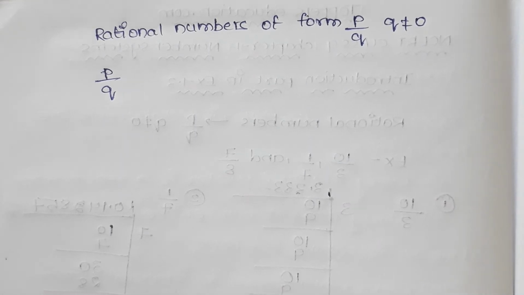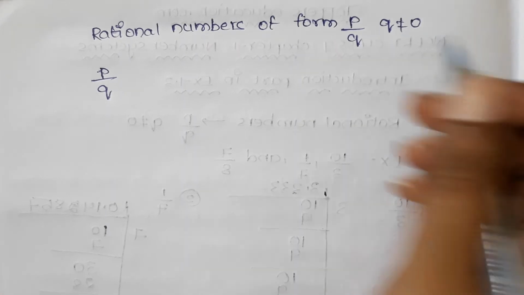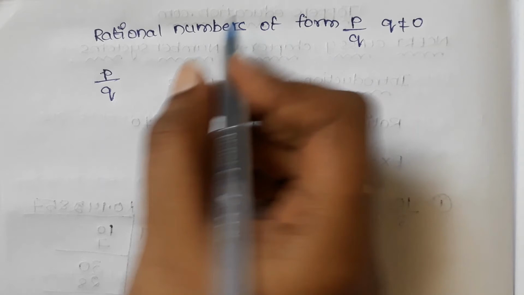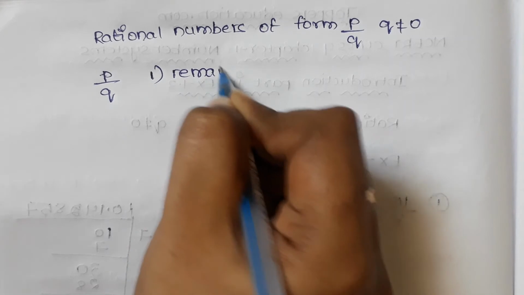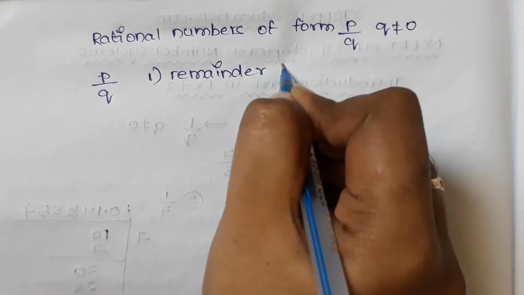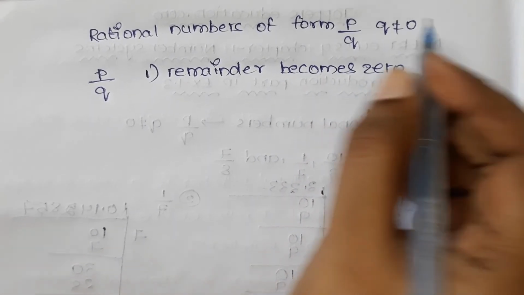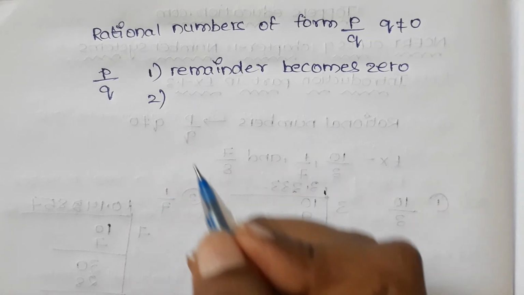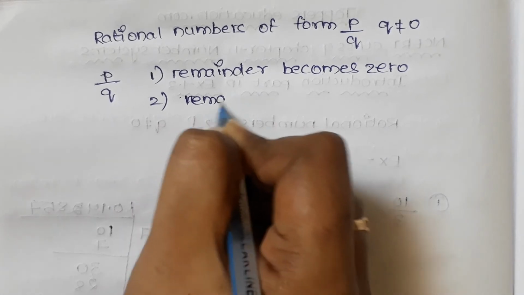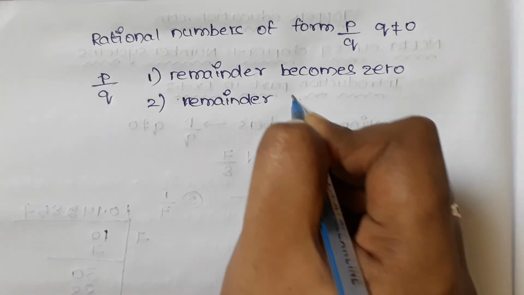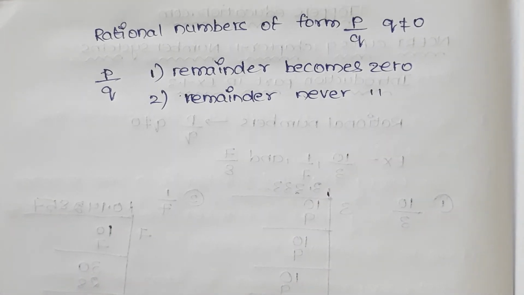We should see that 2 main cases will happen when p is divided by q. First case, the remainder will be 0. And the second case is that the remainder will never become 0 and we get a repeating string of remainders.